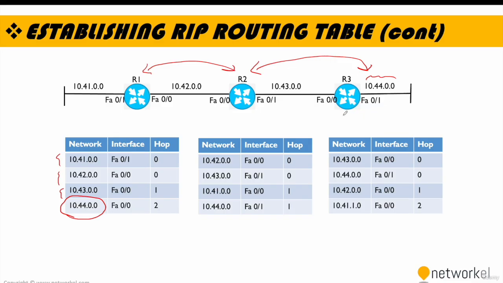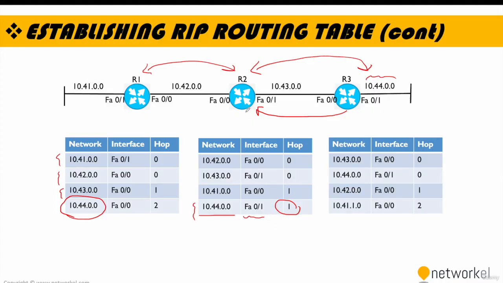So router 3 advertised this network already to router 2, right? And router 2 has updated its routing table by mentioning this route is behind router 3, and router 3 is just one hop away from me, and I am reaching it by using FastEthernet 0/0.